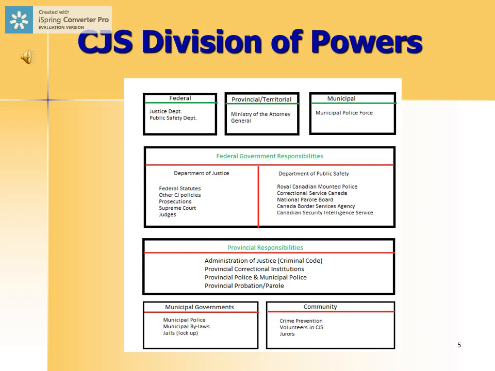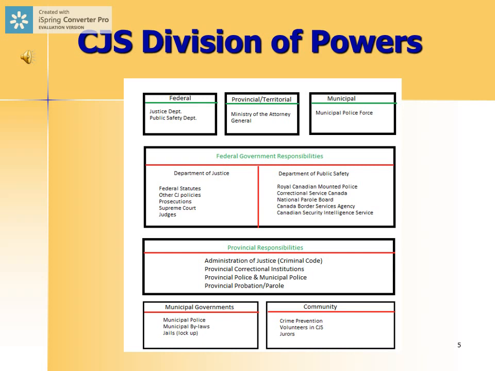And outside the criminal justice system, the communities and citizens are critical to what's called crime prevention. And this is initiatives to work with police or even work autonomously in preventing crimes, whether it's through neighborhood watch programs or citizen patrols or programs for at-risk youth.